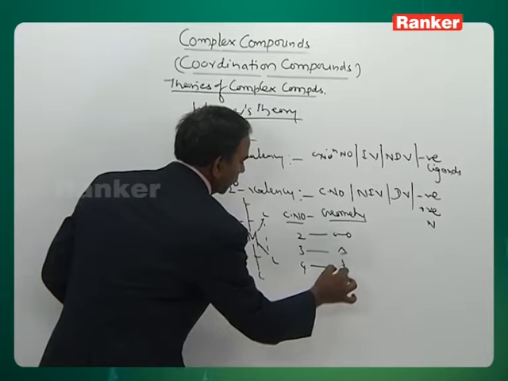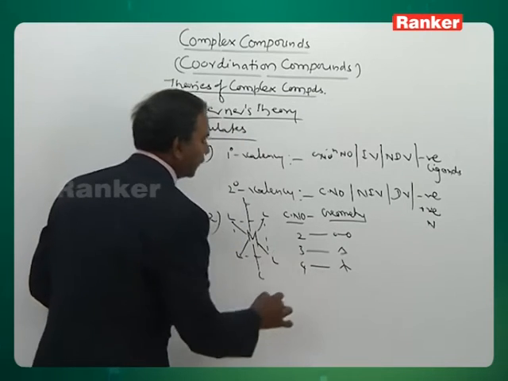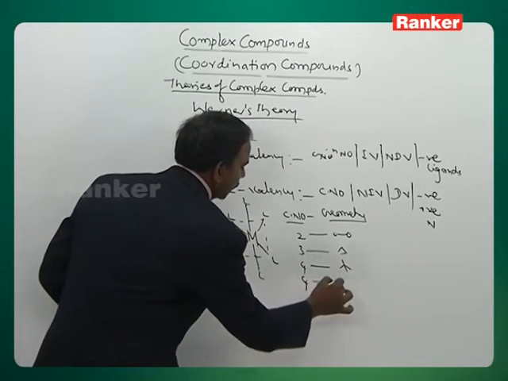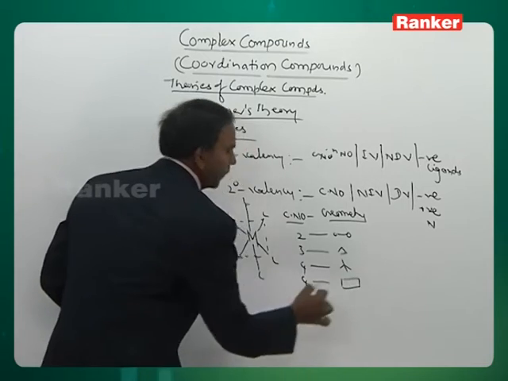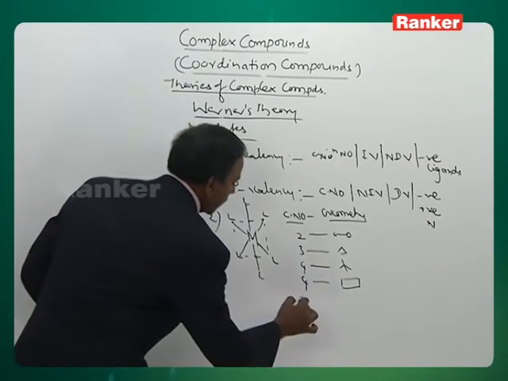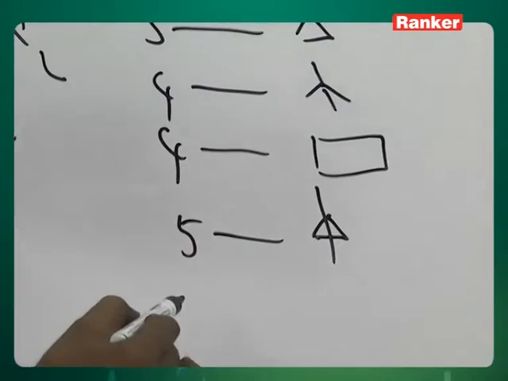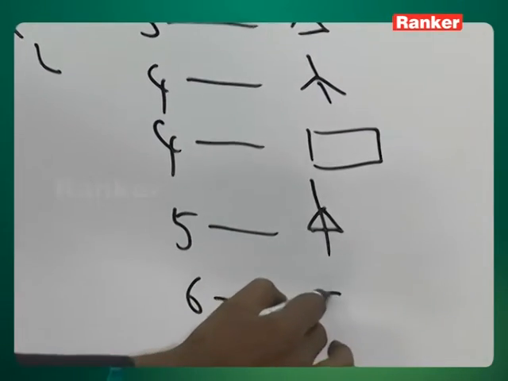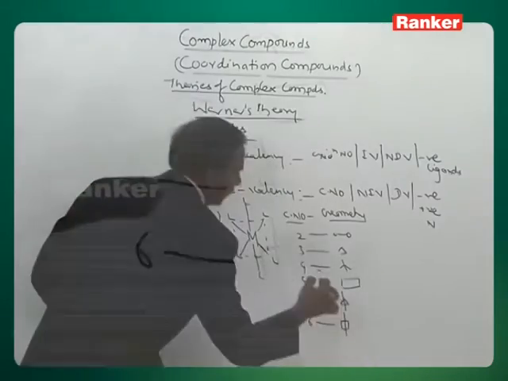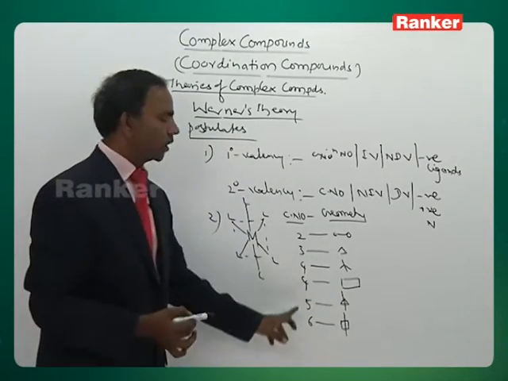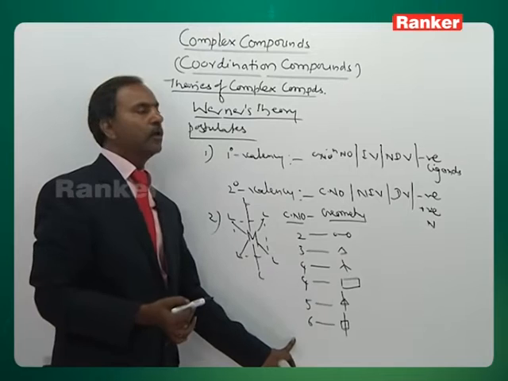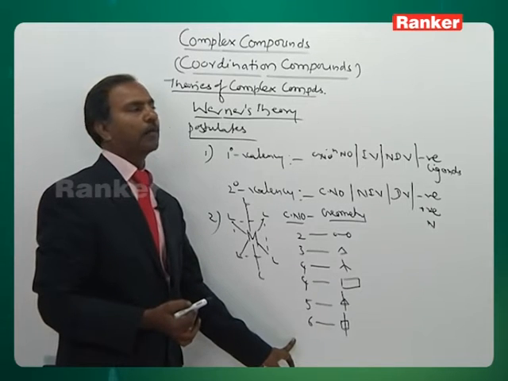Coordination number 4, geometry coming to be tetrahedral. Another choice is there, coordination number 4, the geometry is square planar. And coordination number 5, you can say it is trigonal bipyramidal. Coordination number 6, you can take it is octahedral. So in this way, based on the coordination number, we can say the geometry of that particular complex.